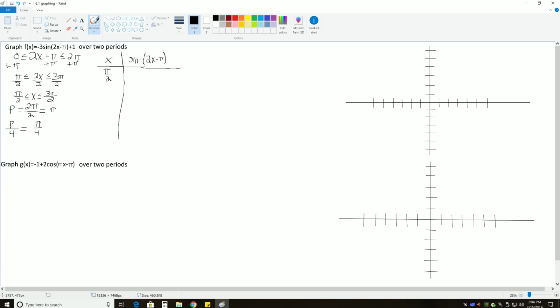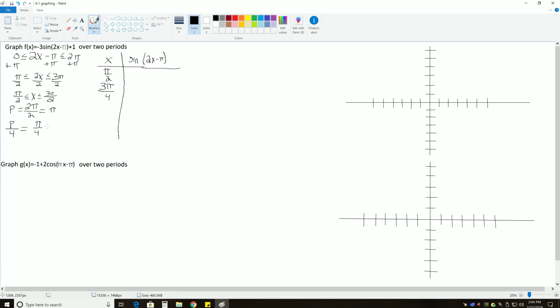Remember, this isn't our entire function f of x. This is only taking into account our horizontal transformations. So again, we start at this pi over 2, and now we're going to add pi over 4 to it. Pi over 2 plus pi over 4 gives us 3 pi over 4.